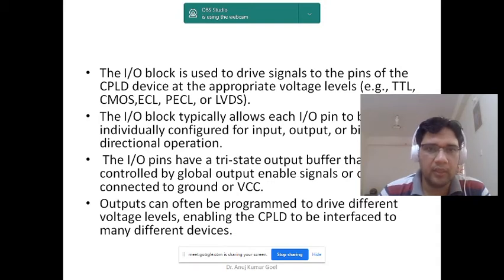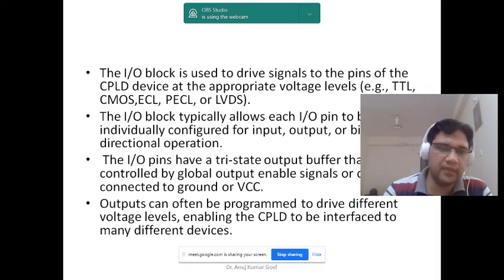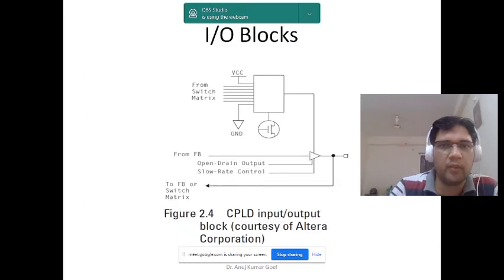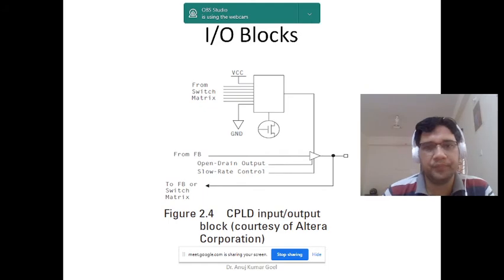For example, your CPLD gives a voltage of 1.2 volt, but the other device connected with the CPLD operates on 3 volt. Or maybe the CPLD gives a low voltage of 0.2 volt, but the other device takes 0.3 volt as a low signal. So that interfacing is also the primary duty of the input output block, to make a particular voltage level.